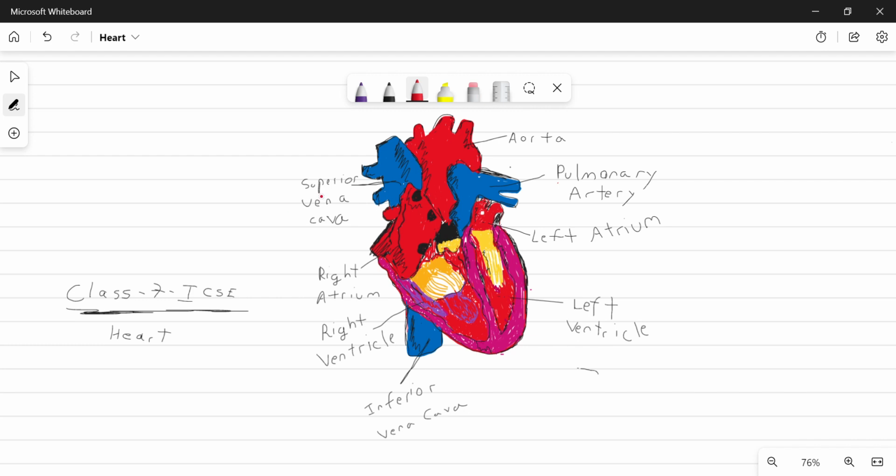So this part you see over here, this is called the superior vena cava.